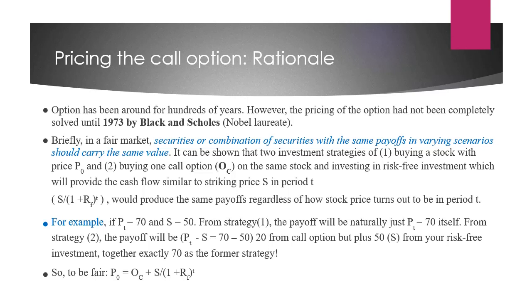But the $50 strike price from your risk-free investment will be added to the 20, and you'll get the 70, which would be equal to the former strategy. So to be very fair, the present value of the stock-option strategy equals the option value O sub C plus the present value of the strike price discounted at the risk-free rate at time T.